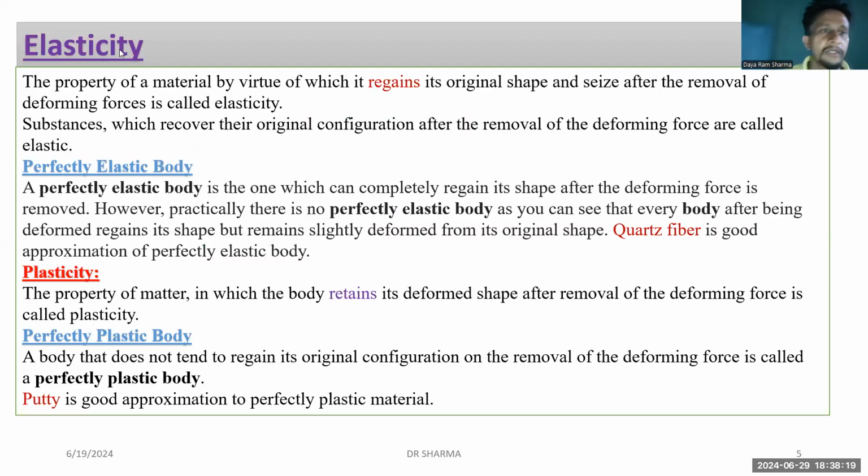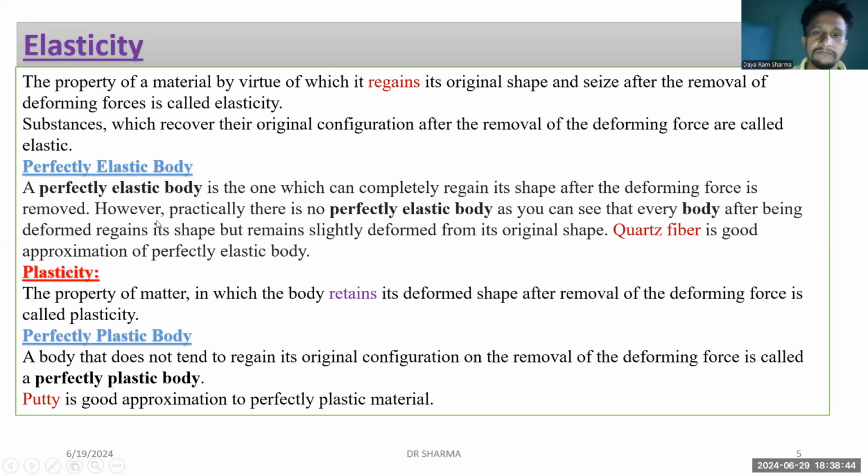What is elasticity? Elasticity is the property of a body because of which it tends to regain its original shape, size, or say dimension after removing the deforming force.